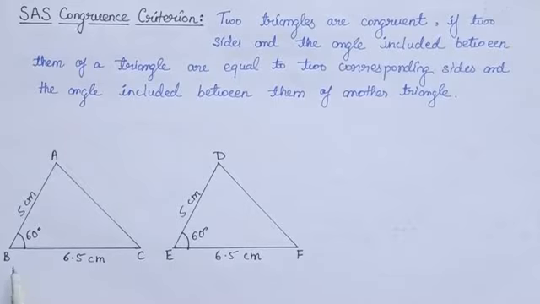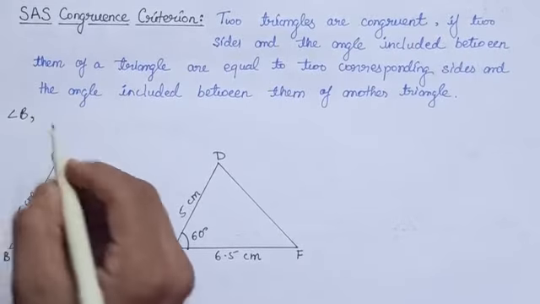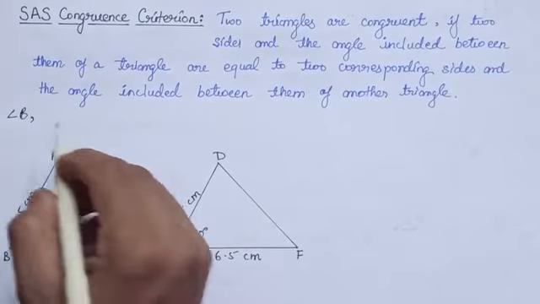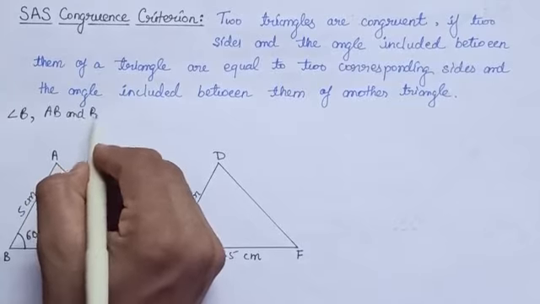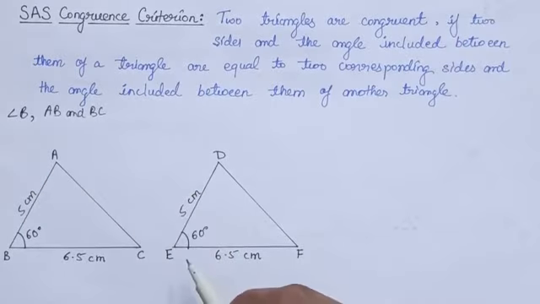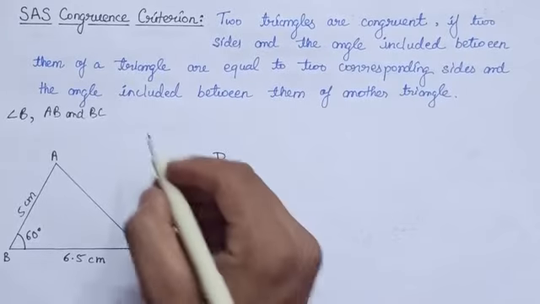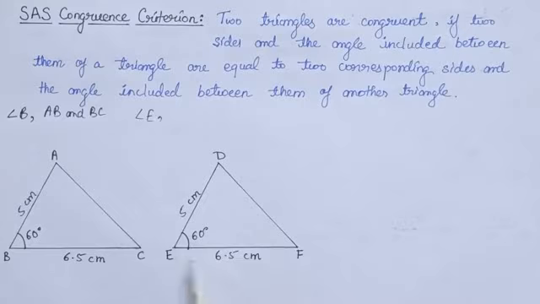If we consider the angle B, then the sides including this angle are AB and BC. And the sides which include the angle E are DE and EF.